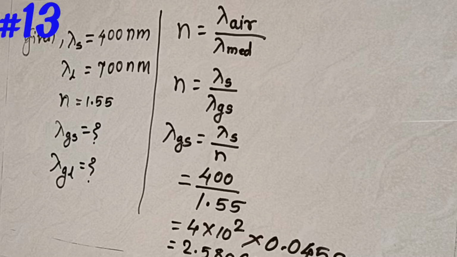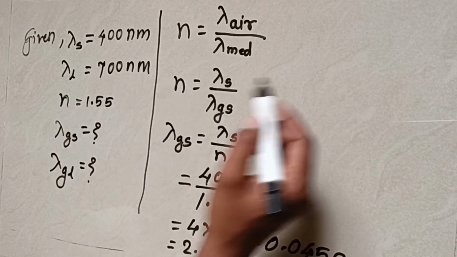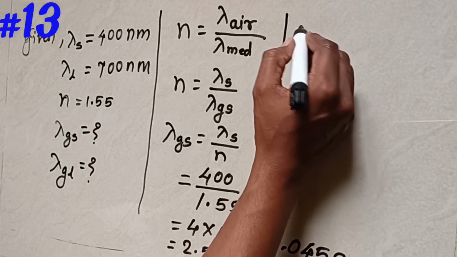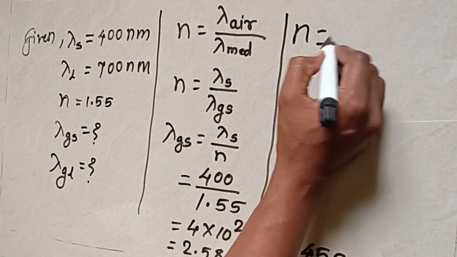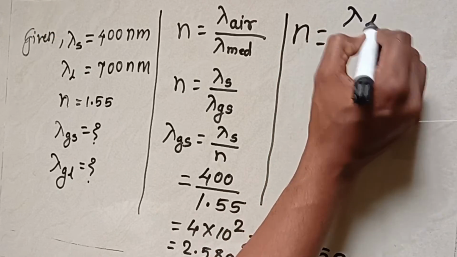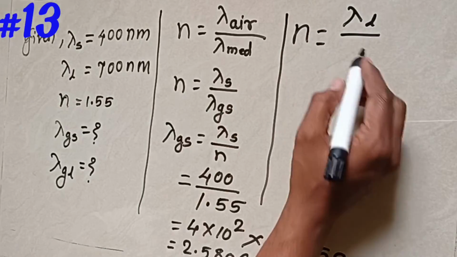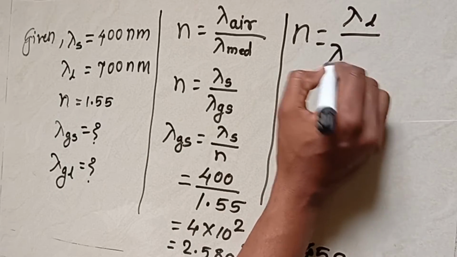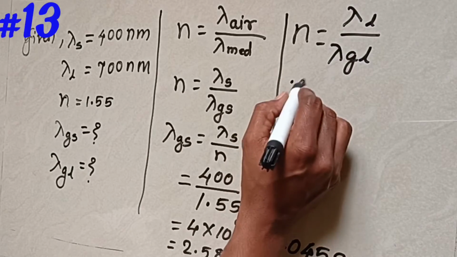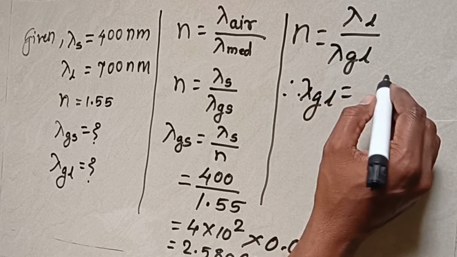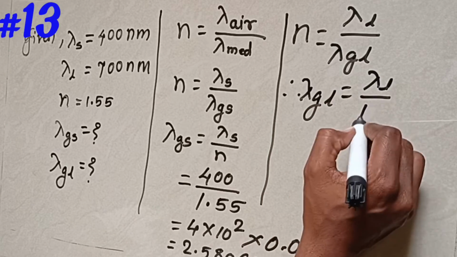Now similarly for the largest wavelength, n is equal to lambda l divided by lambda g l, therefore lambda g l is equal to lambda l divided by n.